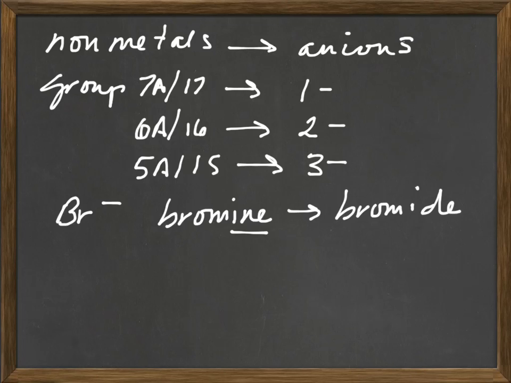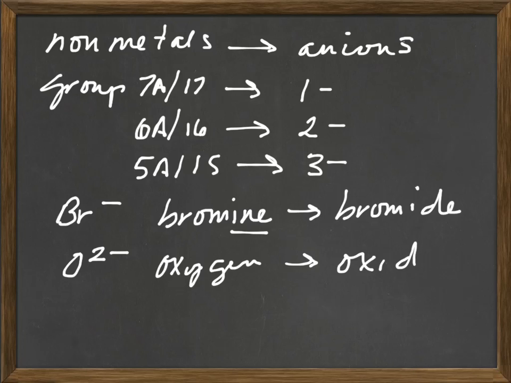And so you take the element name and you change the ending. We do a lot with prefixes and suffixes instead of just inventing new words. So like oxygen is in group 6A, it forms a 2-. Oxygen, the name of the ion is oxide.